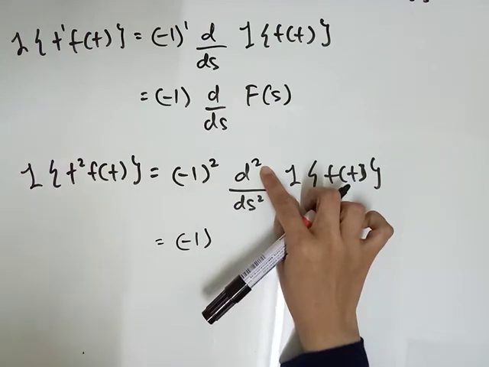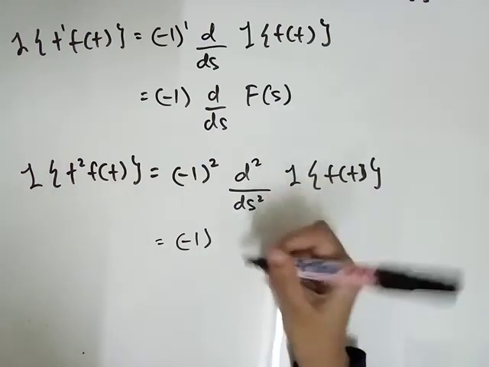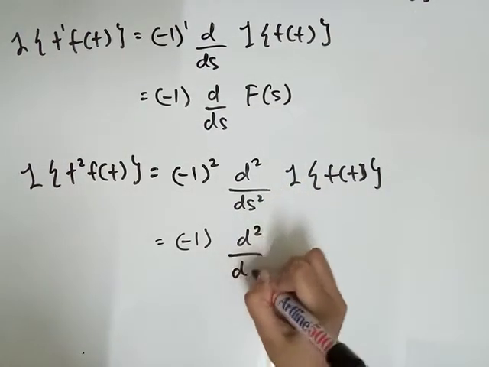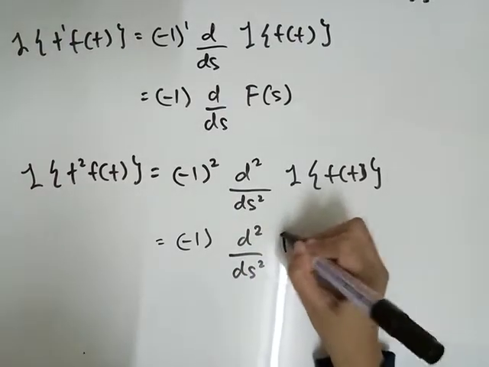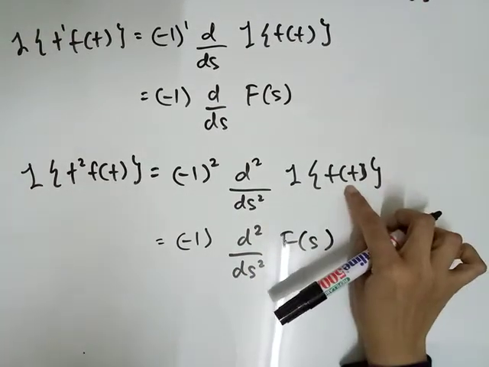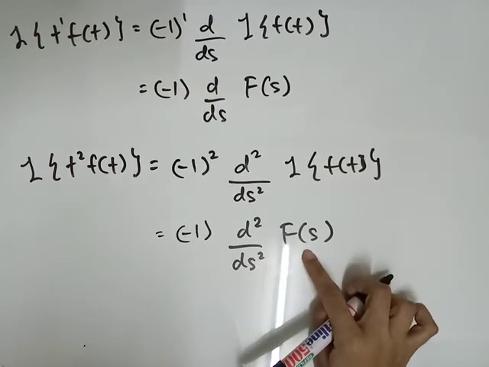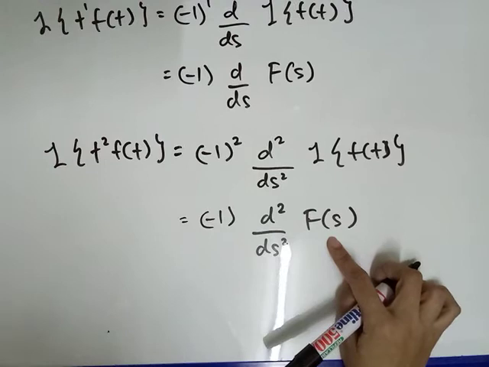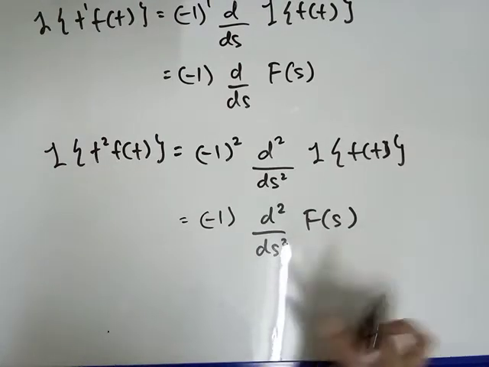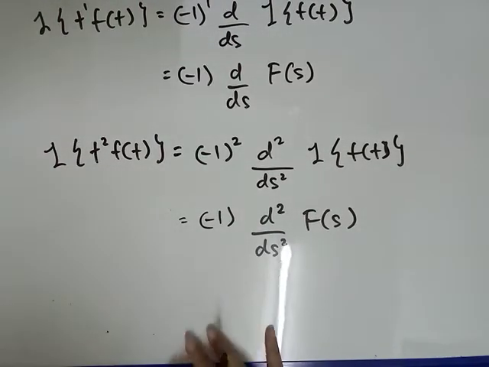That means we need to differentiate twice, of what? Of the capital F of s, the Laplace of function f(t). Do you understand the concept of multiplication by power of t?